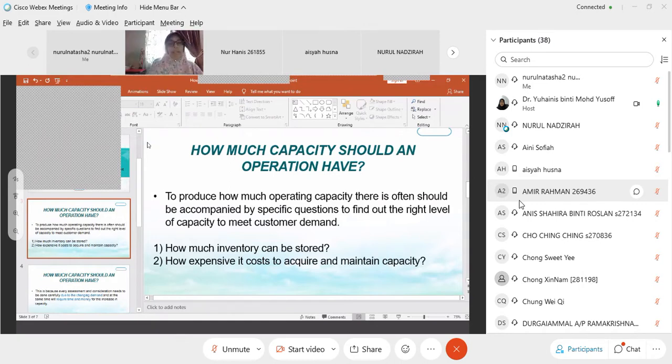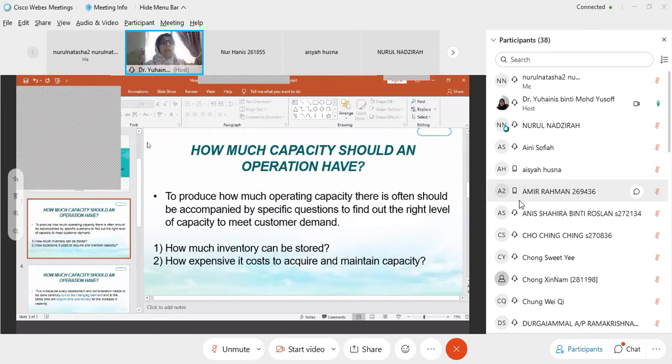So we see here that capacity strategy, we also have to see our storage area, our plant, how big is our plant, is the plant enough to keep all the inventory if there's too much.